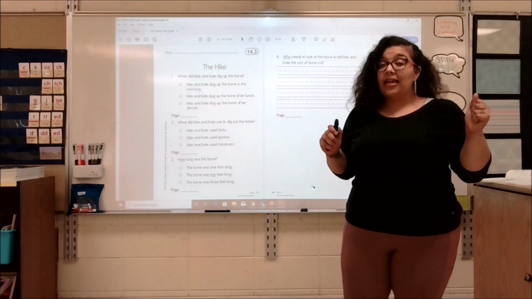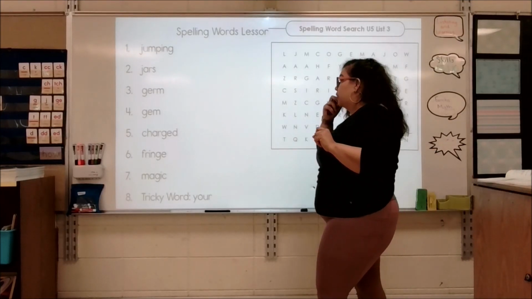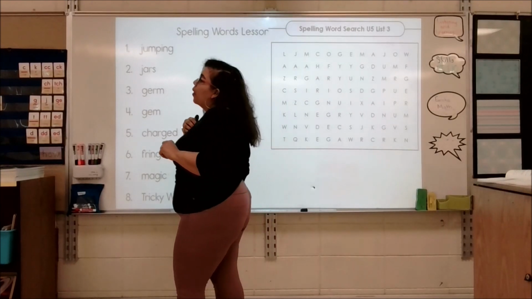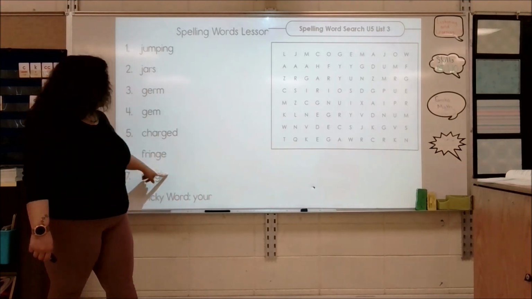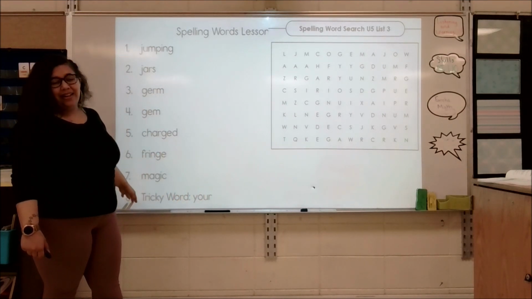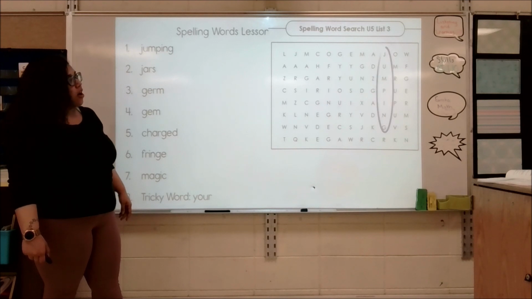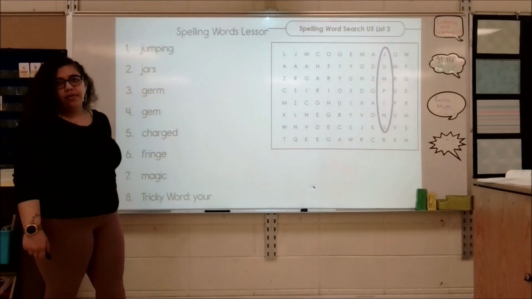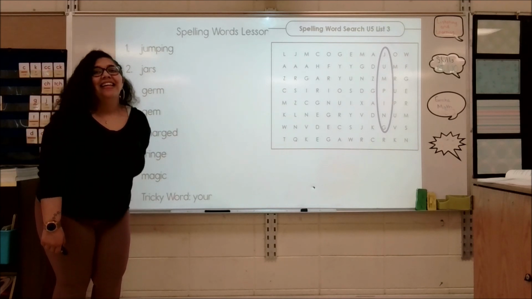But also, today is Wednesday, which means you have to do some work with your spelling words. So you have your word search for the words listed on page 11.1, this is list 3 in your cat book. And I've already found, which word did I find for you? Jumping.